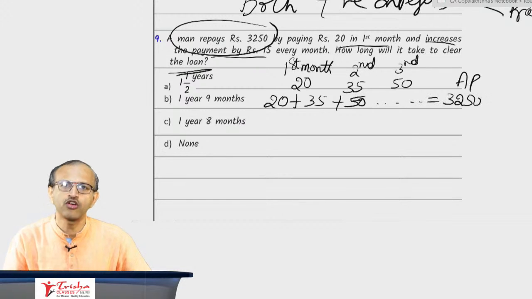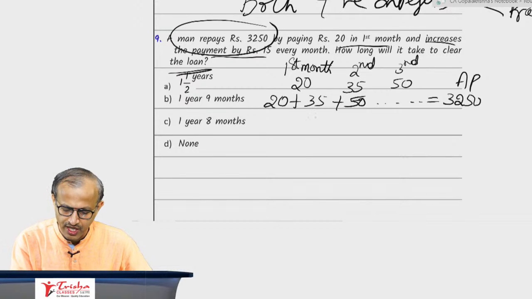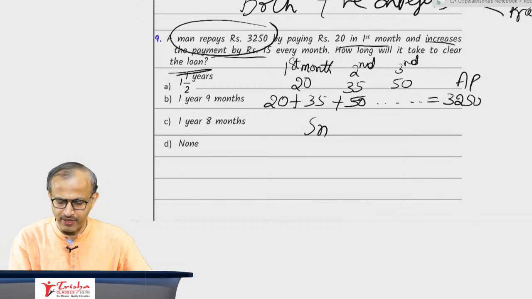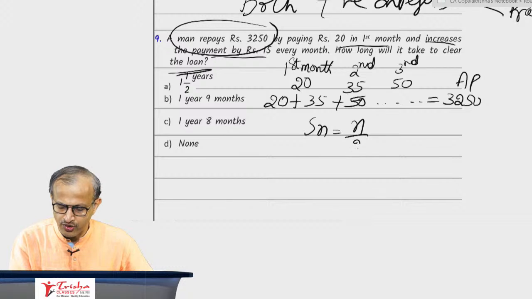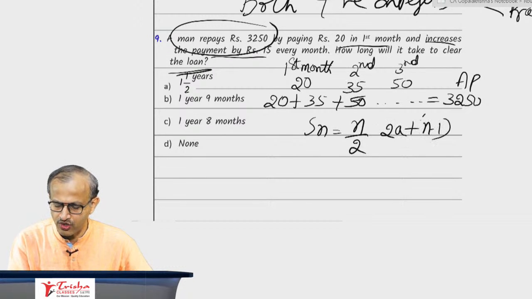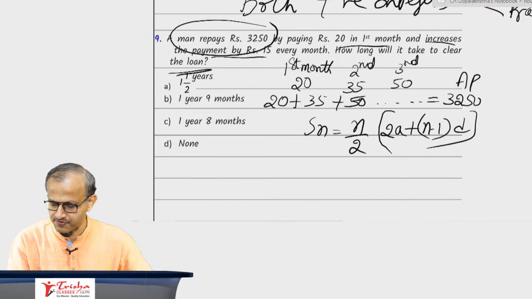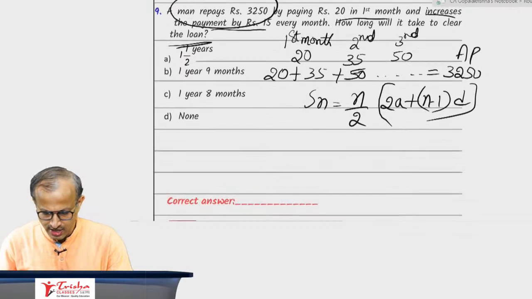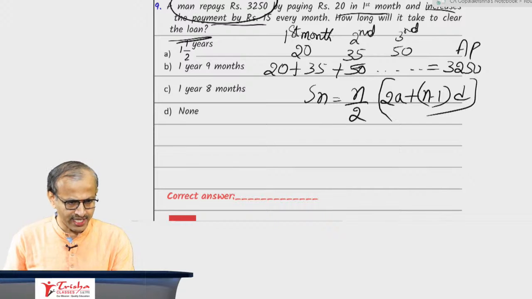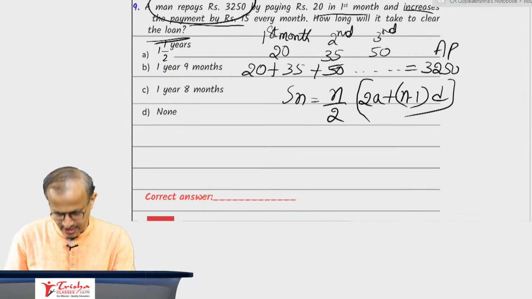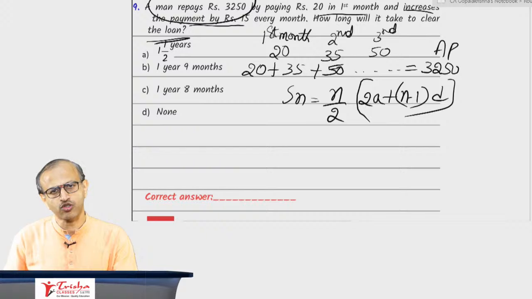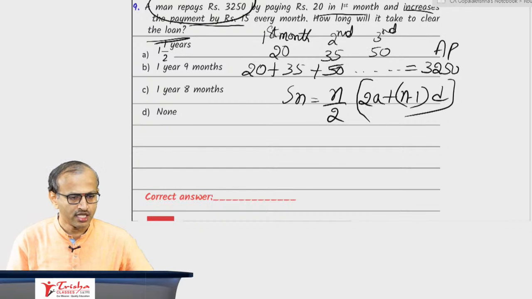You know the formula, it is Sn. Whenever it is the total Sn, tell me the formula: n by 2 into 2a plus n minus 1 into common difference. Can you all let me know how you work it out? Substitute. What is Sn? How much total does he have to repay?